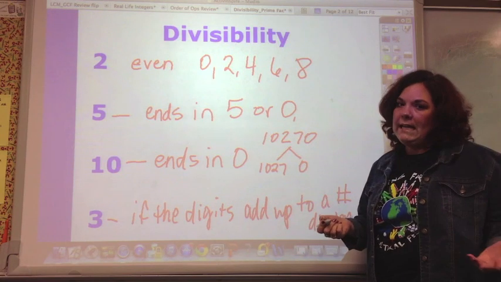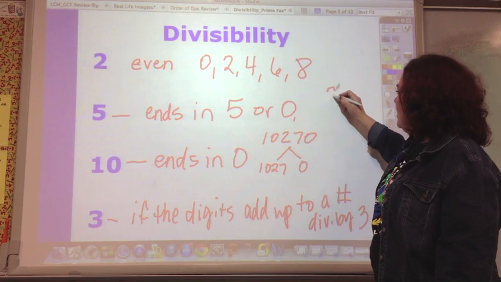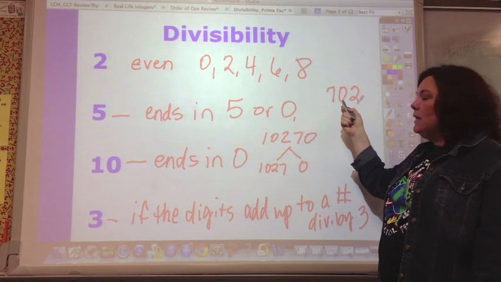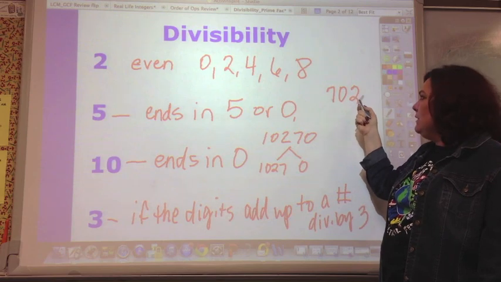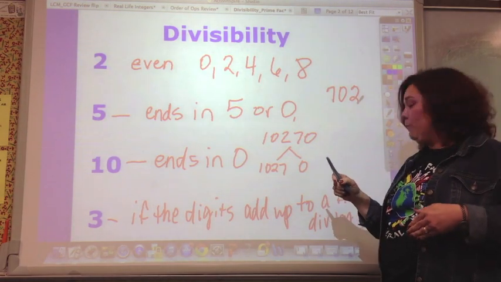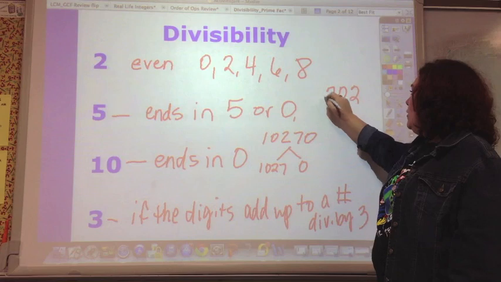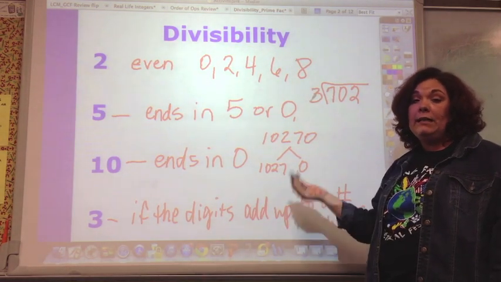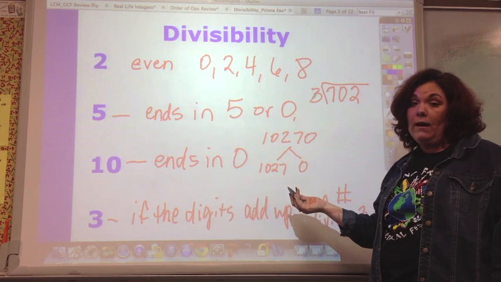So if we take 7, 0, 2, we go 7 plus 0 is 7, plus 2 is 9. 9 is divisible by 3. So therefore this is divisible by 3. We can divide it, break it down, get it into smaller chunks to work with.